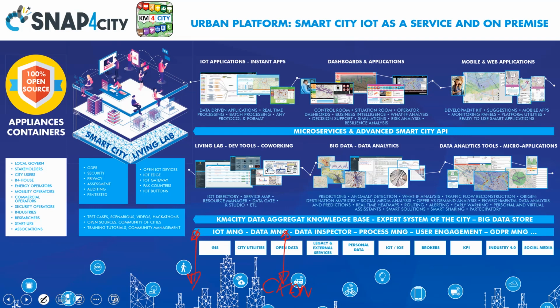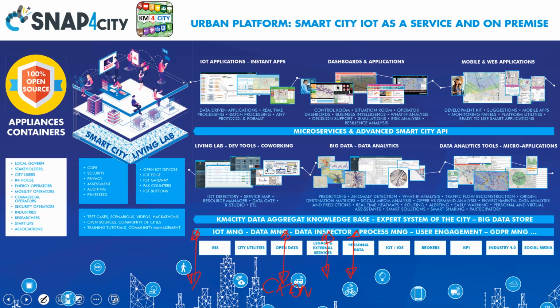It's possible to connect with any legacy service that you have. It's possible to connect your personal data. Personal data could come from a database or could arrive from some devices. You may have your bracelet or your smartwatch or whatever.